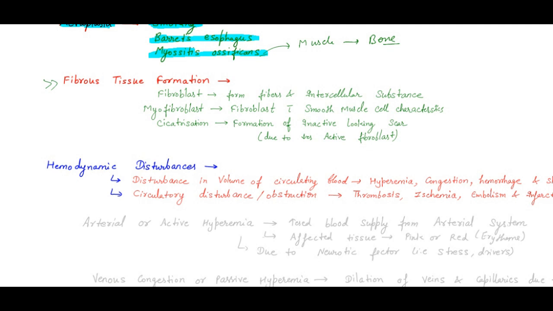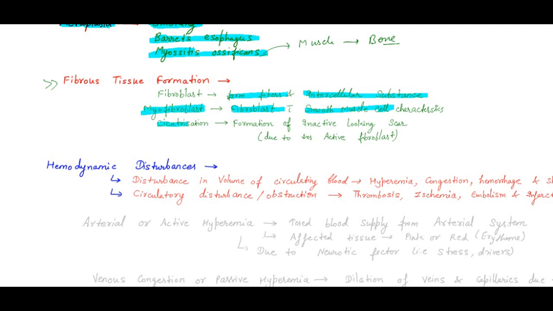That is the intercellular substance. Now something like a fibroblast is the myofibroblast. If we have a fibroblast with smooth muscle cell characteristics, we call it a myofibroblast.